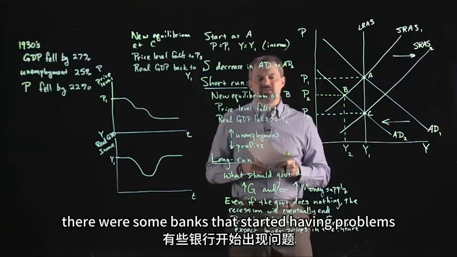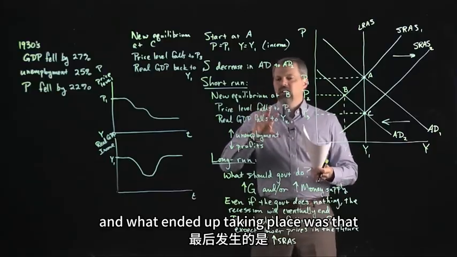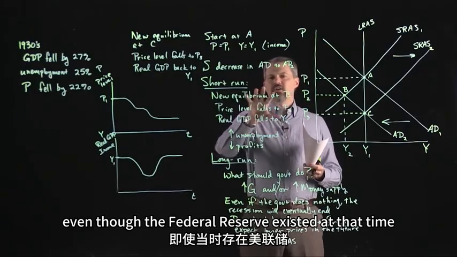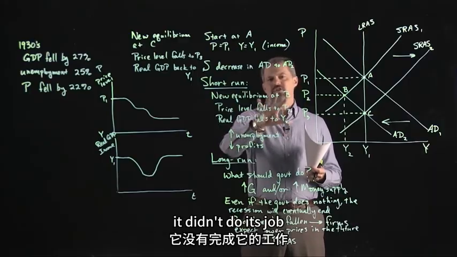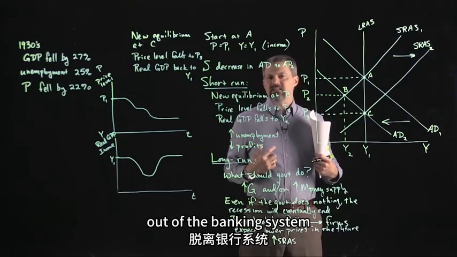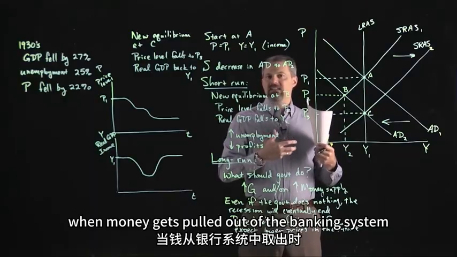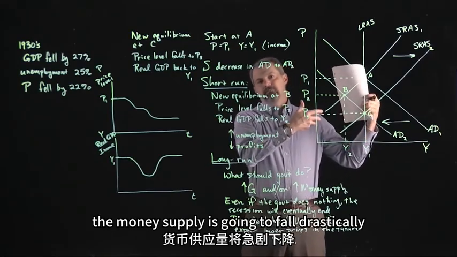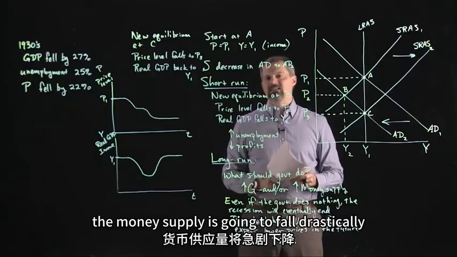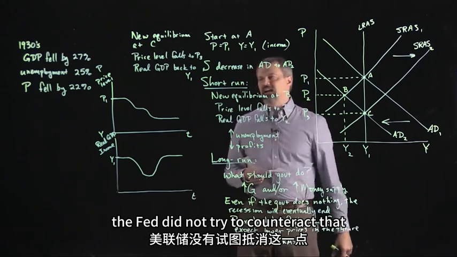There were some banks that started having problems, and even though the Federal Reserve existed at that time, it didn't do its job, and so people started pulling their money out of the banking system, and we know that when money gets pulled out of the banking system, the money supply is going to fall drastically. The Fed did not try to counteract that.